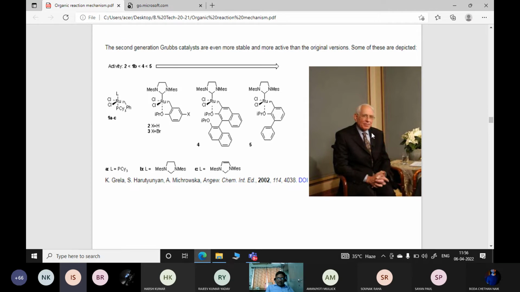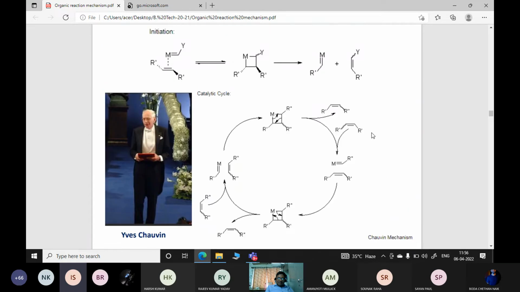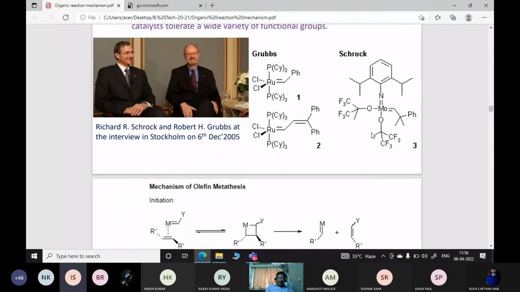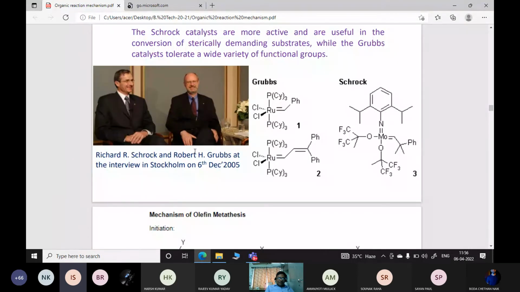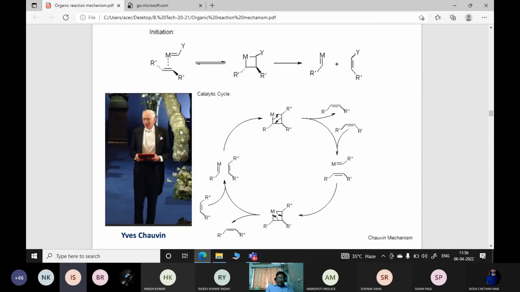This is Professor Chauvin. Actually, one thing, there was a good relation between Schrock and Grubbs, but the relation with Chauvin was not so good. At the time of the Nobel lecture, Chauvin did not appear on the same screen, but you see here Schrock and Robert Grubbs appear on the same screen and gave their photo, but Chauvin did not appear there.